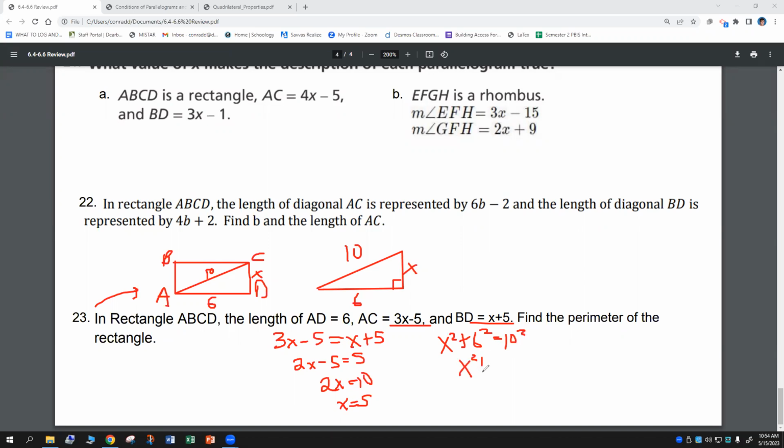So x squared plus 36 equals 100. When you subtract 36 from both sides, you get 64. And then you get x equals plus or minus 8, but we don't want the minus, so we just want the 8. So AB is 8 and 6. So we're going to do 6 plus 8 plus 6 plus 8, which gives us a total of 28 for our perimeter.